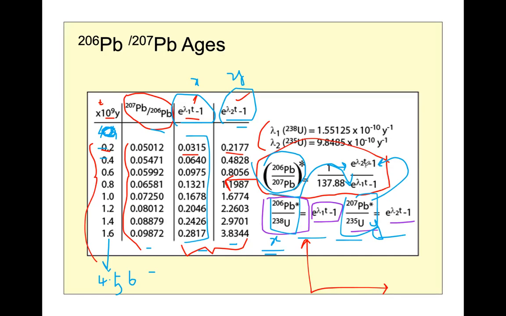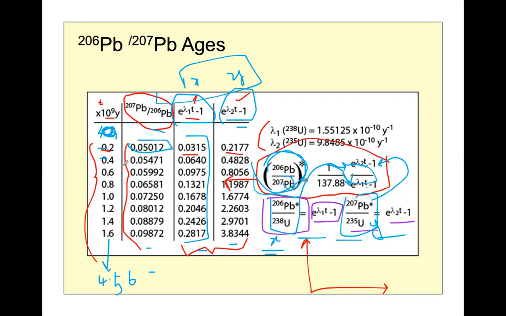You can substitute those t values here, and you get some number for this radiogenic value, right? So you have the radiogenic value here calculated by using these x and y terms. You understand? If you put 0, everything becomes 0, right?